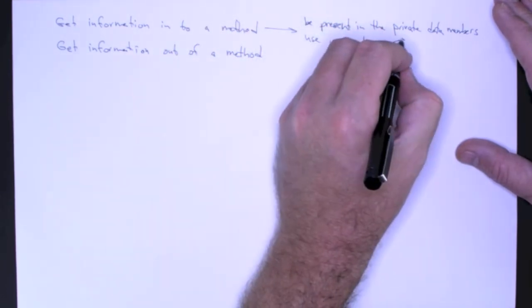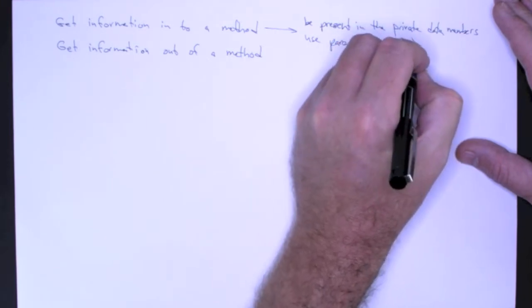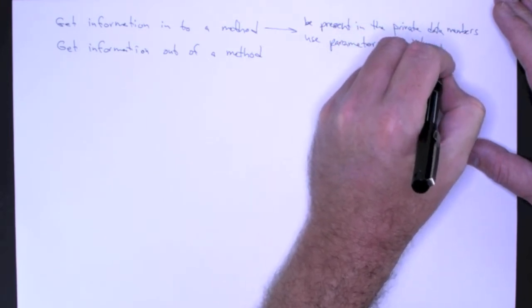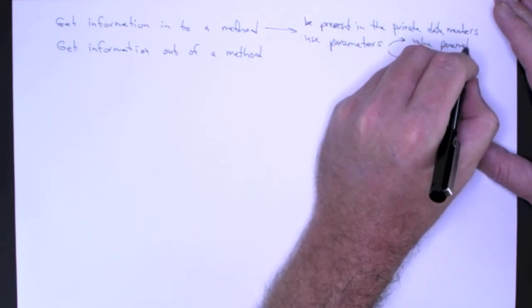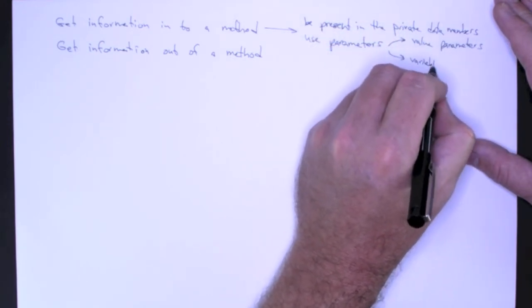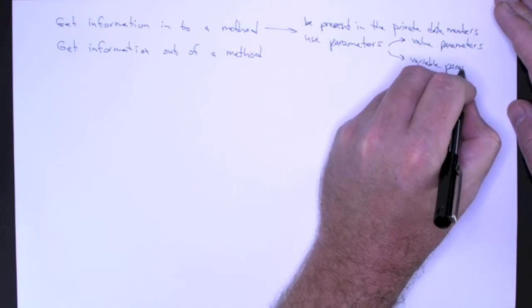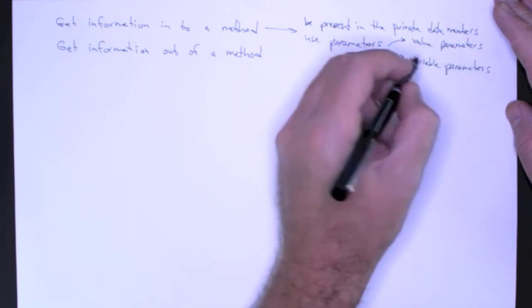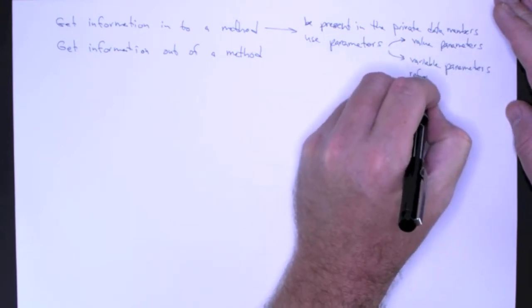There are two types of parameters: value parameters and variable parameters, and these are also known as reference parameters.